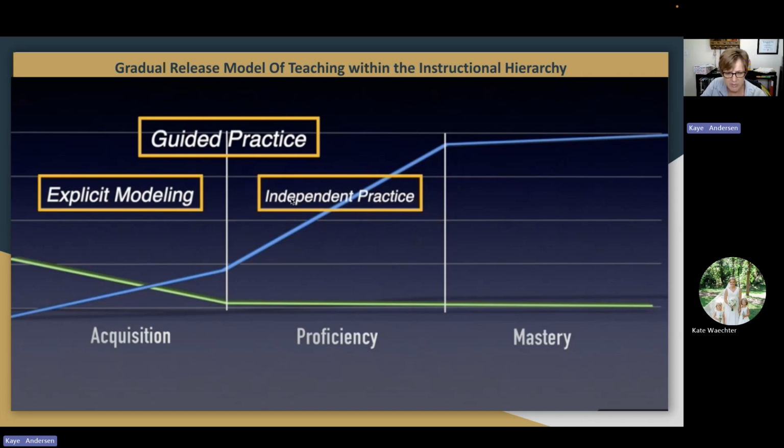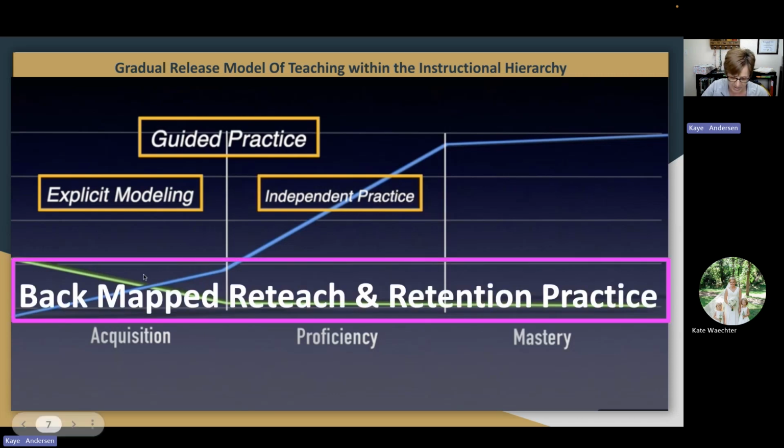Then as we go into proficiency, we have guided practice as we slowly release them into independent practice. When we put in where back mapping, reteaching prerequisite skills, and retention of grade level practice occur, it occurs all along the continuum. It depends on what area of the back mapping we are working in.